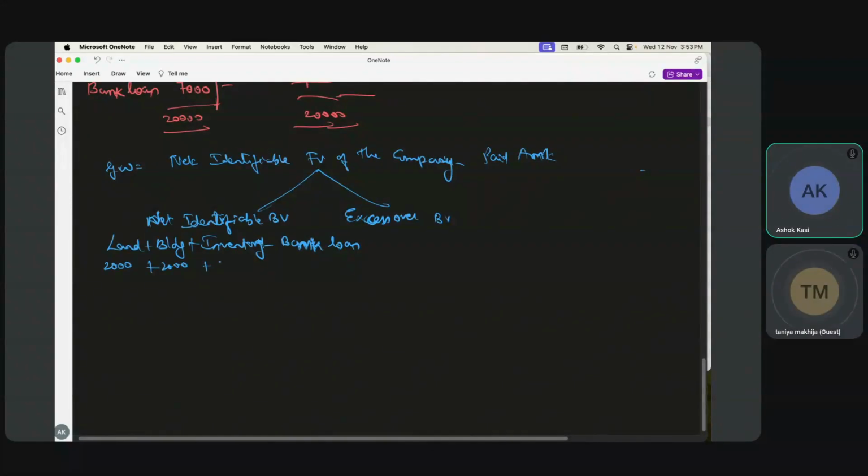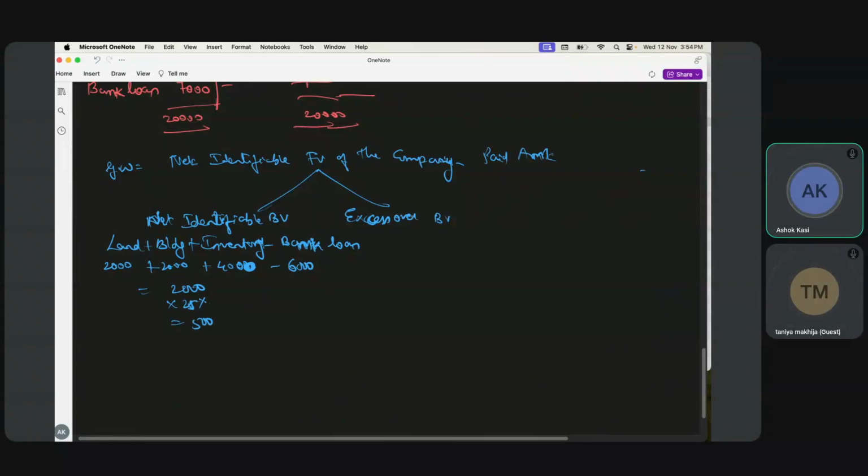Total comes to 2,000. And from this 2,000, our share is 25%. So our required amount is 500.